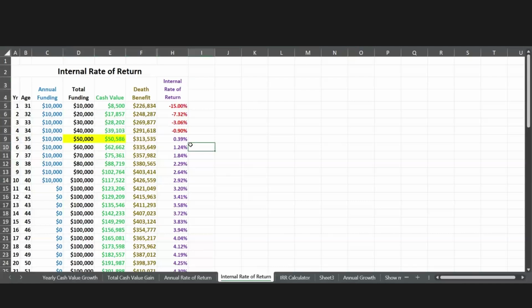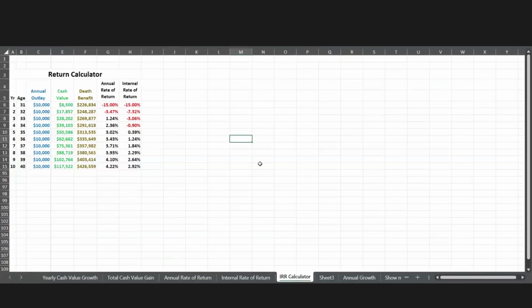After that, you're positive. IRR calculator. Let's make year 10 $115,000. IRR would be just about 2.53%. We've got the annual rate of return and internal rate of return here.